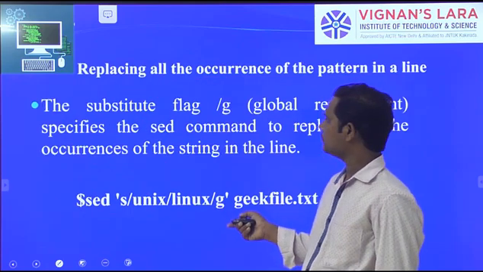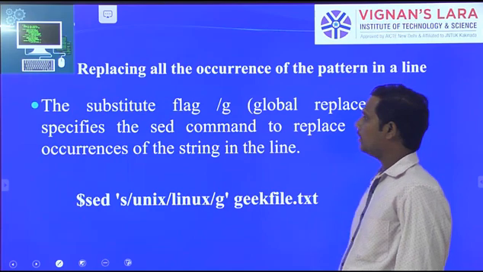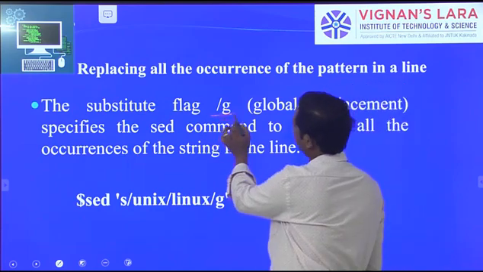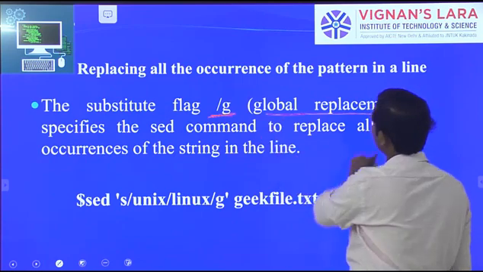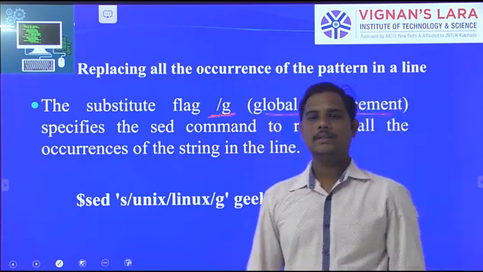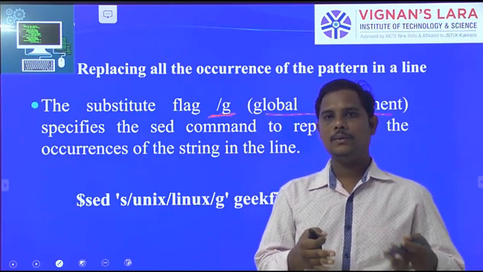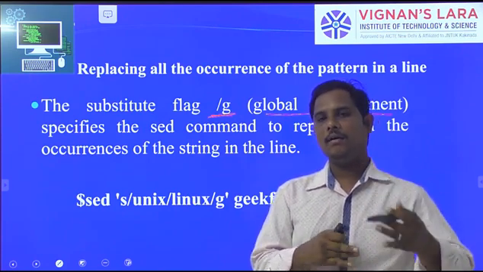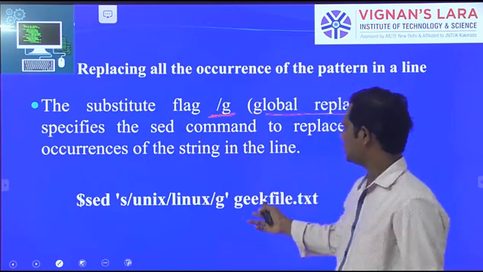Next, replace all the occurrences of the pattern in a line. All the occurrences means just /g. g means global replacement. Wherever Unix is there, all those places will be replaced using this.